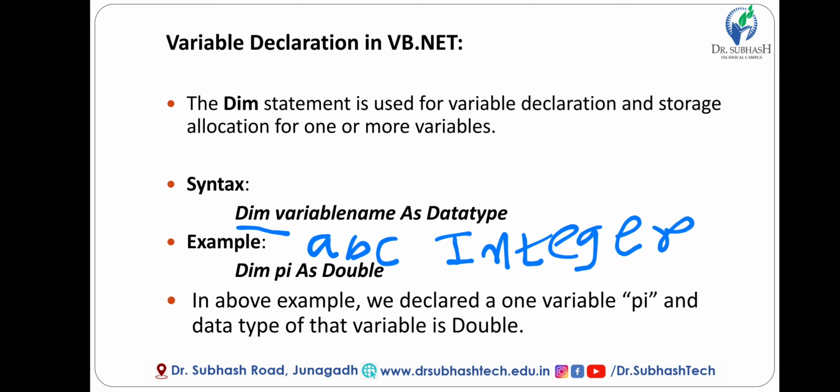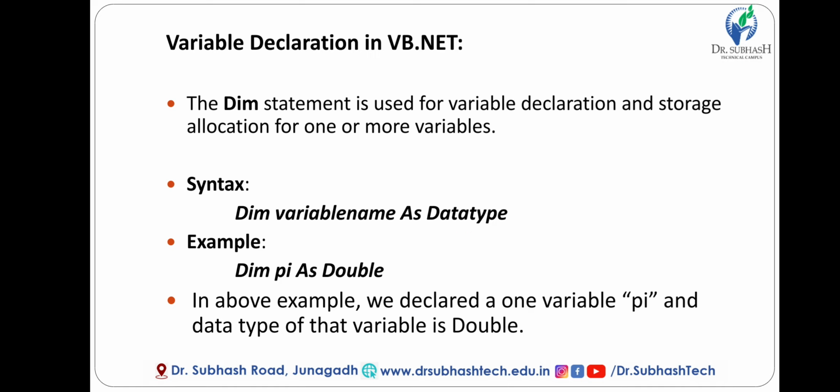So this is the particular syntax of a variable. Now in the example below it is written Dim pi As Double. In the above example we declared one variable pi and the data type of that variable is Double. So first of all we have to write the Dim statement, then the variable name is pi, then the keyword As, after that the data type. Here we declared the pi variable as Double data type. So this is the syntax for how we can declare a variable in VB.NET.